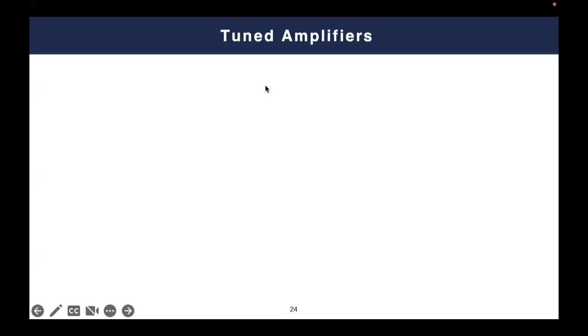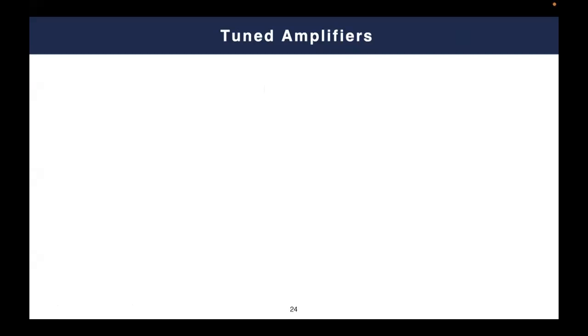Okay, so our filter today is what's called a tuned amplifier filter. What is a tuned amplifier? A tuned amplifier is a double function amplifier that, on one hand, performs some sort of amplification for your signal. That's why we call it an amplifier. But this amplification is not frequency-independent.